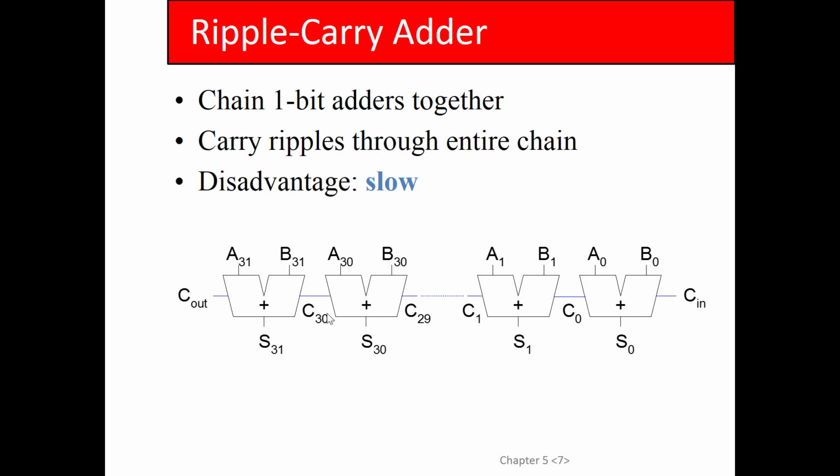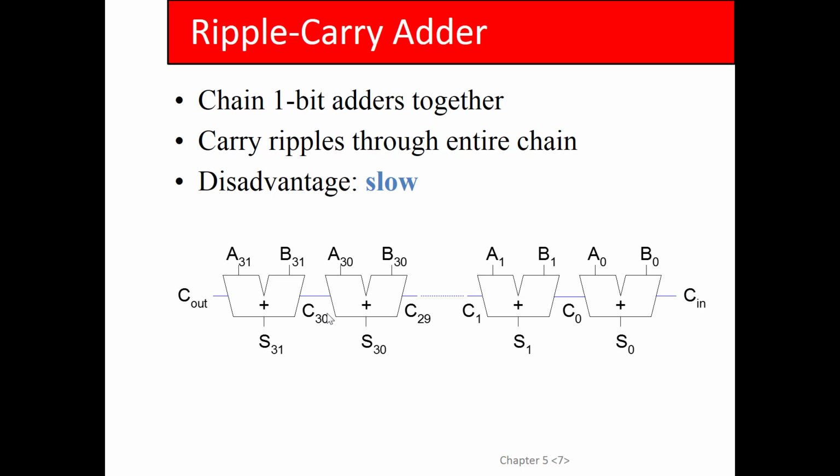Normally, I would have this carry chain here. Carry in, carry out. This is carry in 3. Carry in 3 is going to depend on the output of this full adder, which depends on its carry in, which depends on the output of this full adder, which depends on its carry in, which depends on the output of this full adder, right?